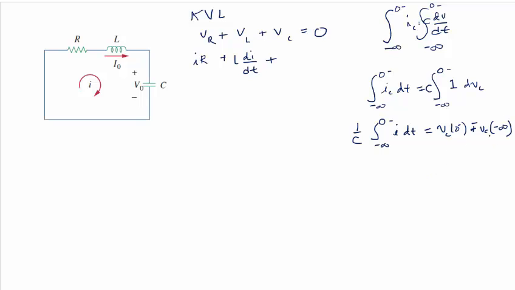We assume that the charge initially on the capacitor at negative infinity is 0. So at time negative infinity we have no charge on the capacitor, and so we come up with V in the capacitor at time 0 minus equals the initial V, and that equals 1 over C times this integral of I dt. So now I have an expression for voltage on the capacitor that I can put into my equation.